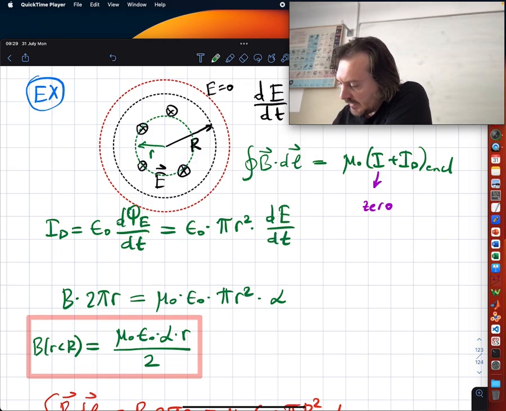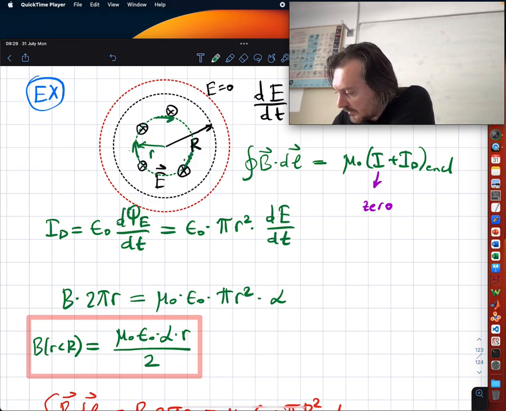It is not against the change in electric flux. It's in the same direction. The change in the electric flux is inwards because it's pointing in and it's increasing. So magnetic field will be generated in this direction. Also, the magnetic field outside will be in the same direction.